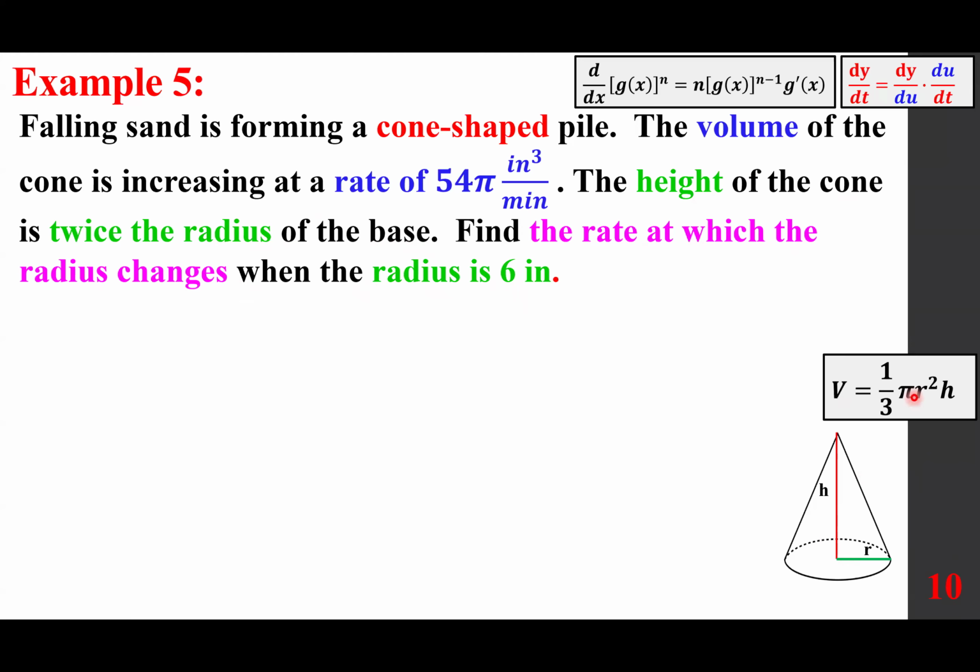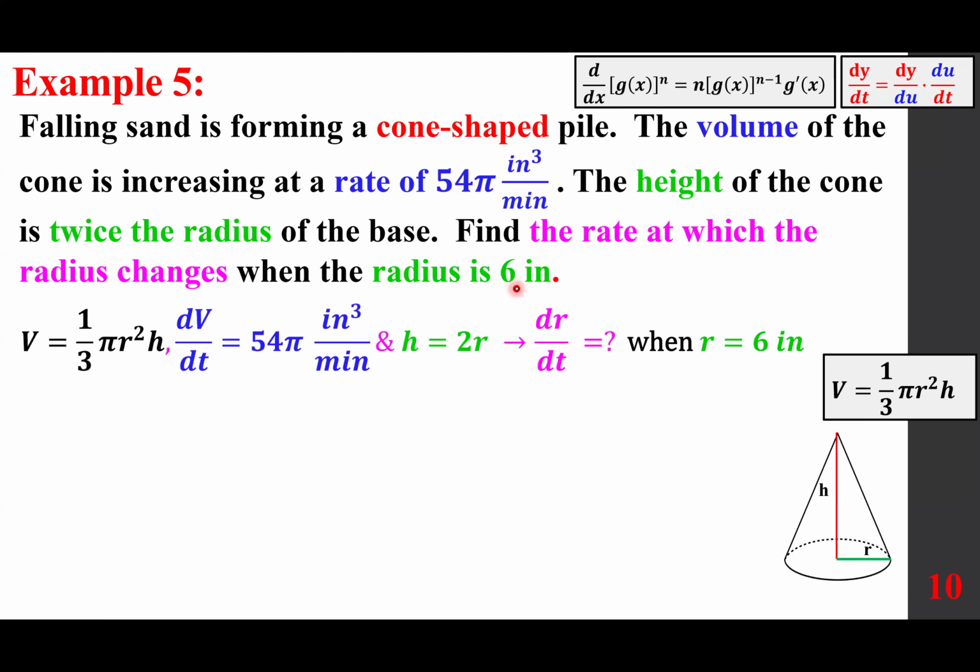And now, what is this? The volume is increasing at this rate. This is dV/dt, 54 pi cubic inches per minute. Height, h, 2 times r. What are we looking for? dr/dt. At what point? When the radius is 6 inches.